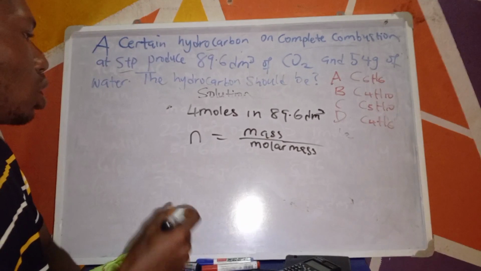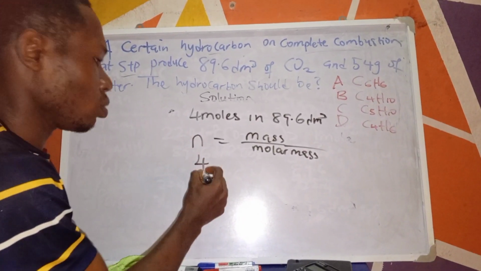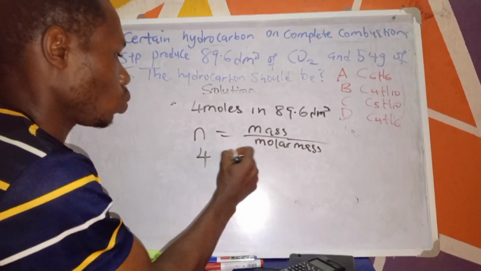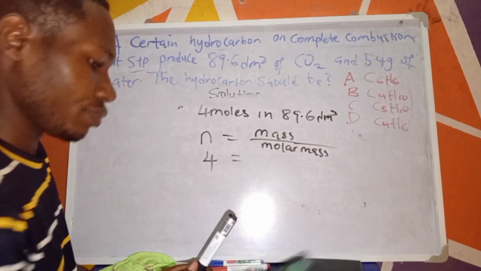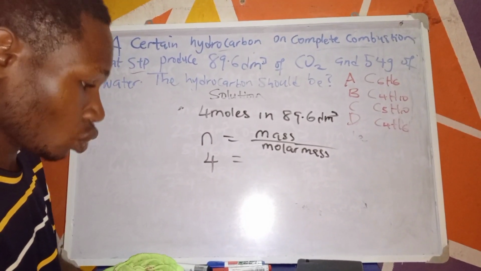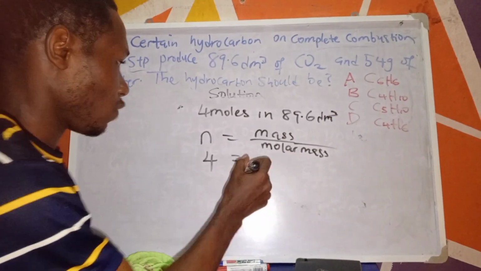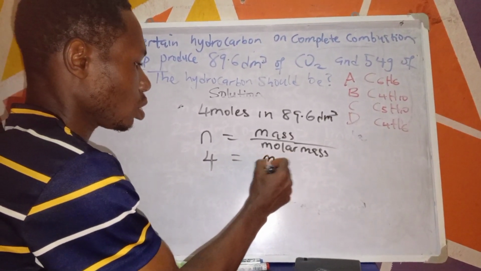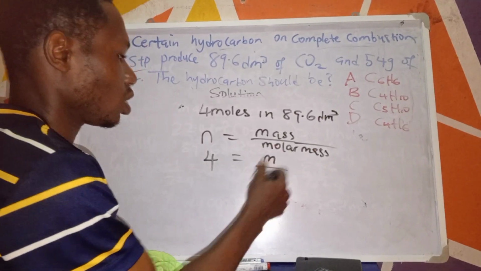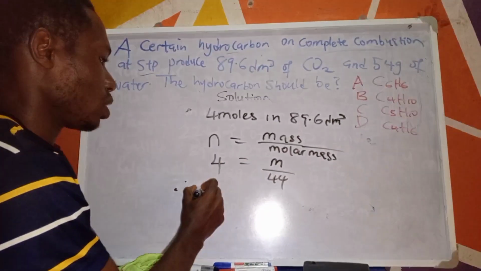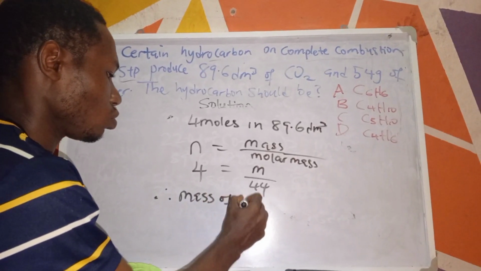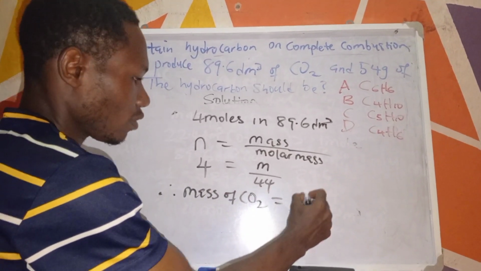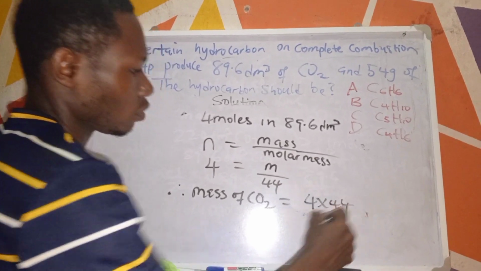All right, we have a number of moles to be 4, and we have the molar mass of CO2 to be 32 plus 12, and that should give us 44. So we have mass over 44, and therefore the mass of CO2 is equal to 4 times 44.